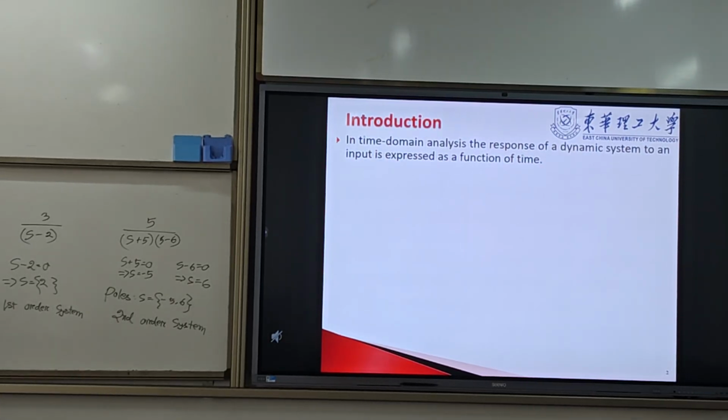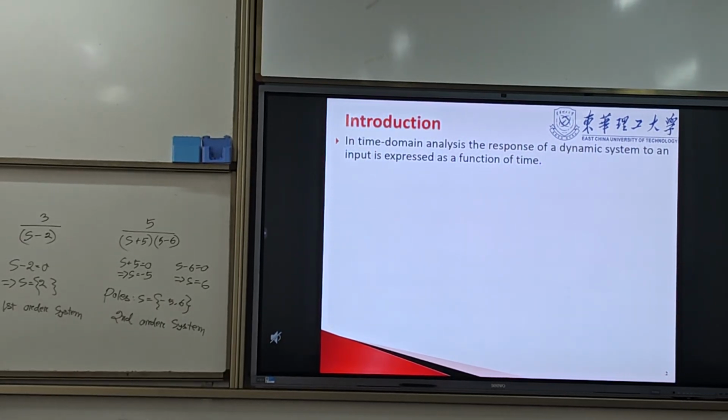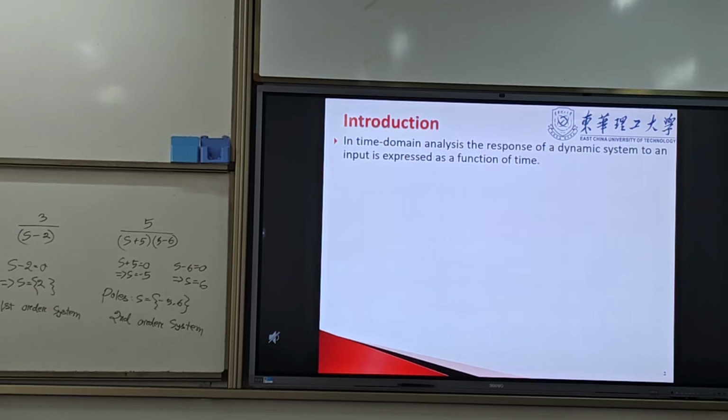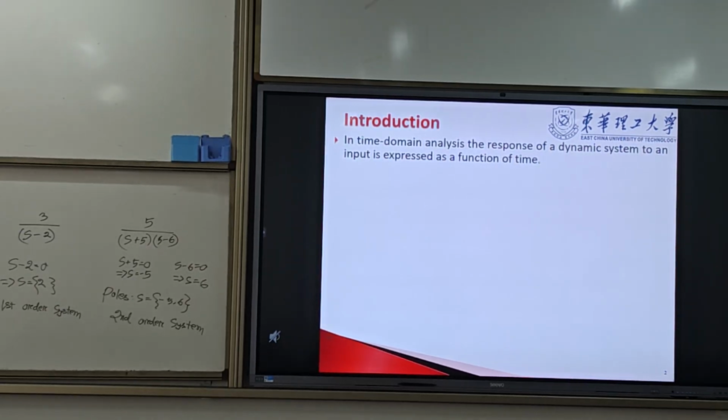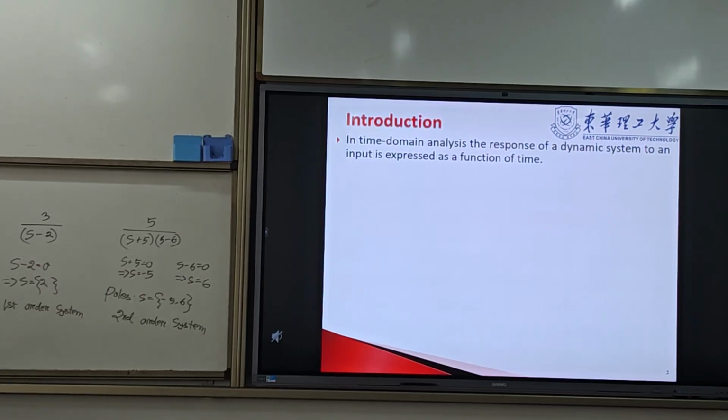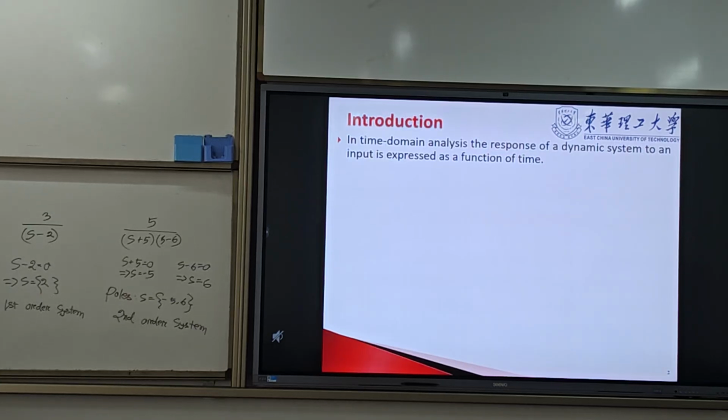This we call the impulse response h(t), which is y(t) by x(t). This is what we need to find out.